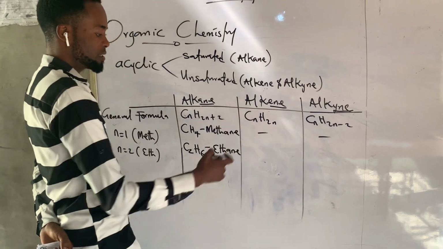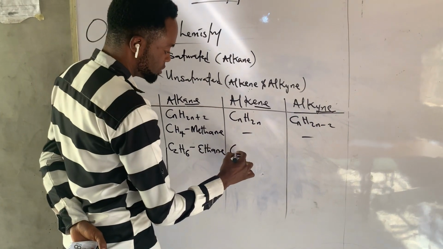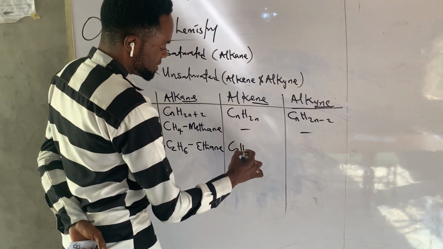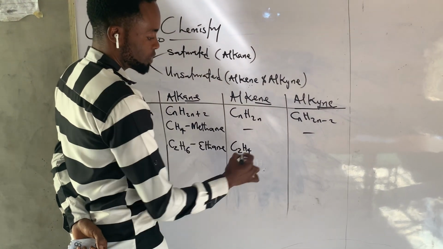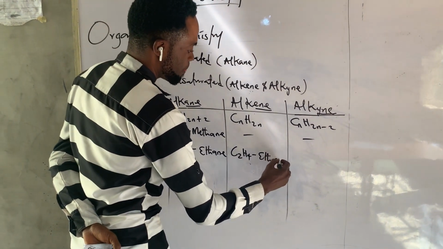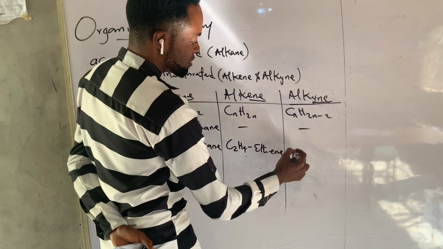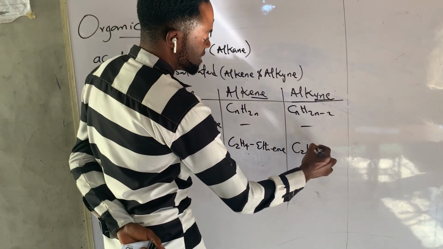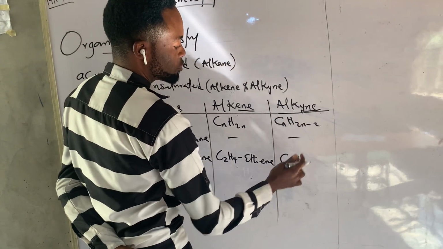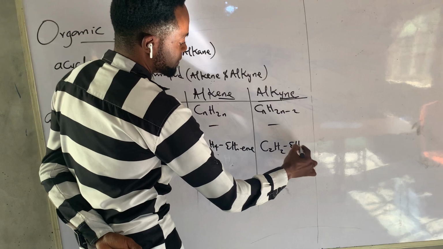Now coming to the alkene, when n is equal to 2, you have C2H4. That will give us ethene. Same formula, C2H2: 2 times 2, 4, minus 2, 2. So this is ethyne.